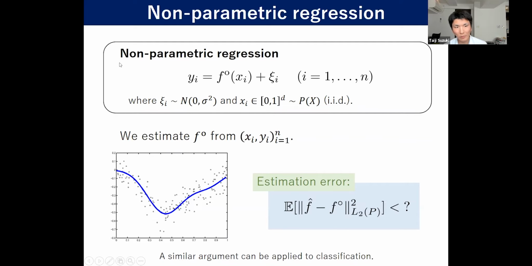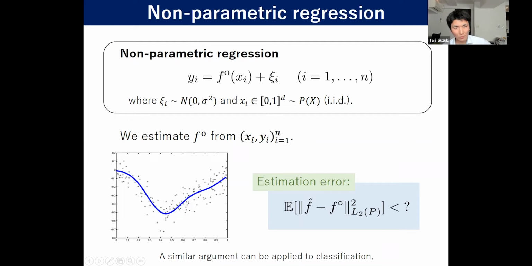For that purpose, let us consider the non-parametric regression problem where the output y_i is given by f_0(x_i) plus ξ_i, where x_i is distributed from a d-dimensional unit cube, and ξ_i is an observation noise, which is Gaussian noise. We want to estimate the true function f_0 from finite data points (x_i, y_i) for i equal 1 to n.